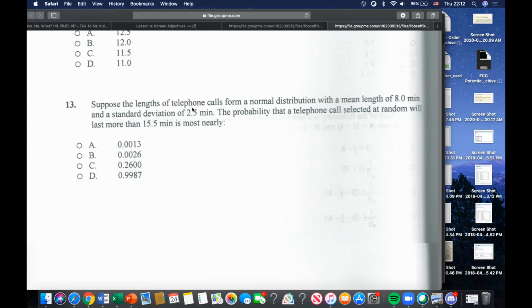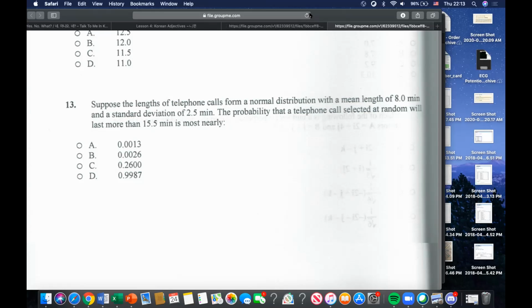2.5 is the standard deviation increment, right? 8 is your center, and we're trying to find 15.5. So how many standard deviations is that? How many increments? That's a good question. Anyone? 3? Yes, there you go.